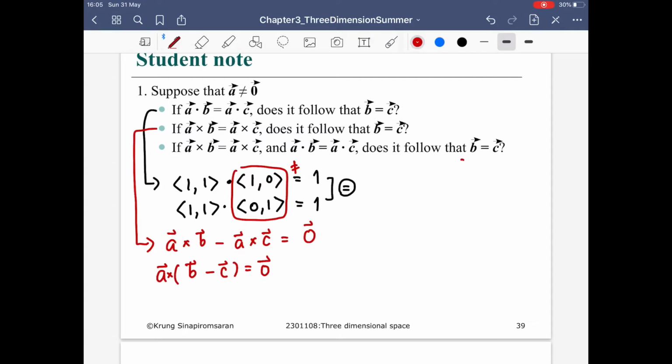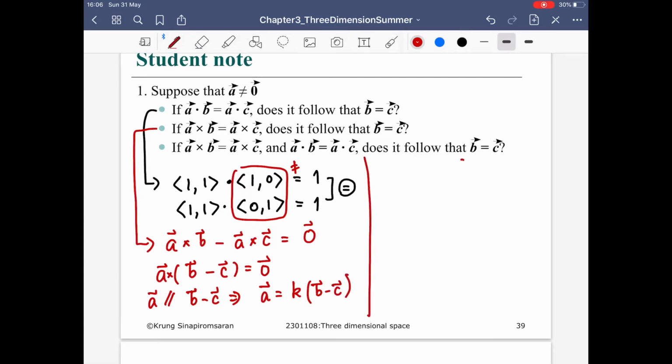So what does this mean? If two vectors cross each other to give a zero vector, it means that A is actually parallel to B minus C. I'm not so sure whether you still remember the definition of parallel for two vectors. It means that A equals some factor k times (B minus C). Remember this one?